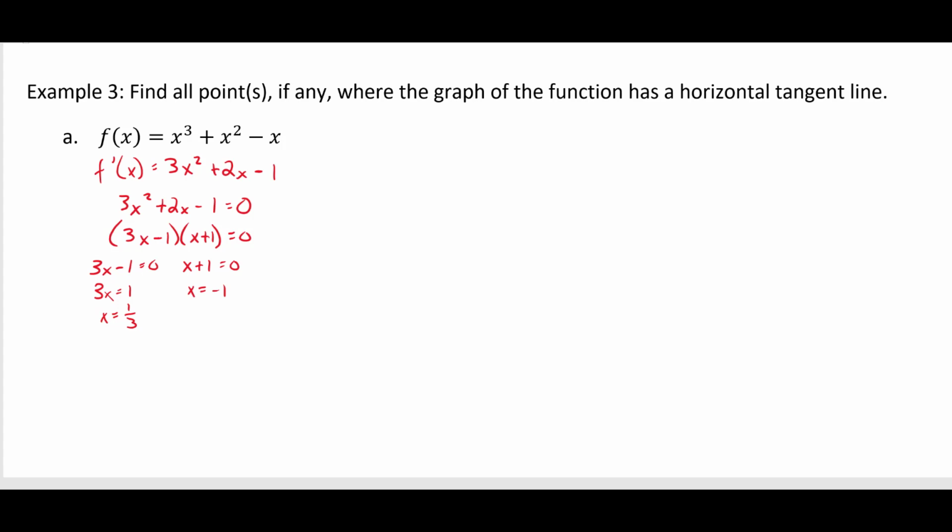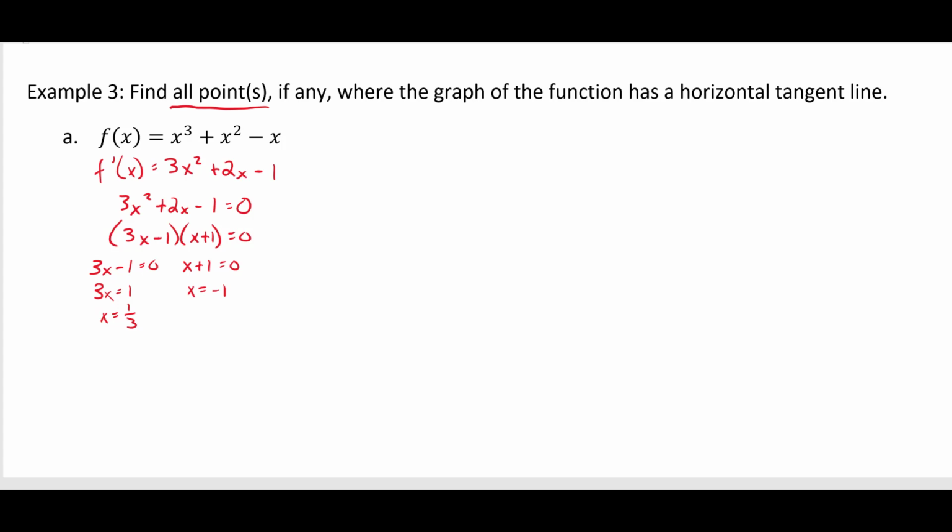But we're not done. I asked you to find the points. So if we want the points, well, that means we need an x and a y. So a point in the plane, so a point in our regular x-y coordinate system, has to have two pieces, an x and a y, to get its address.